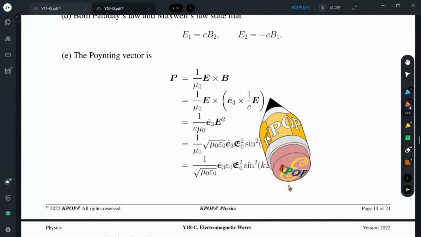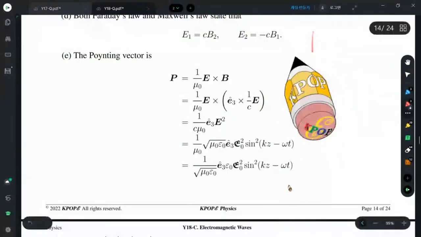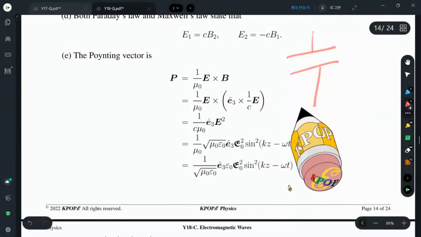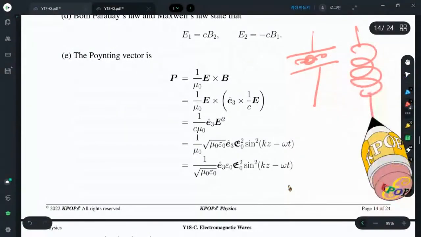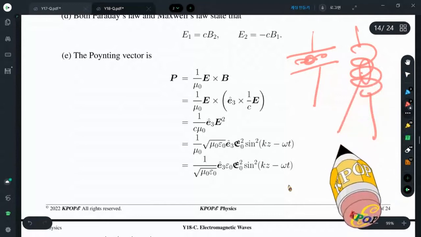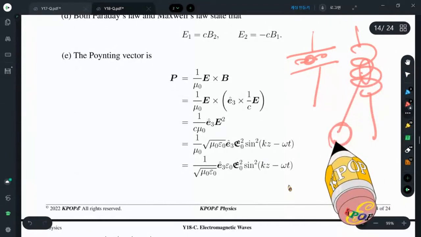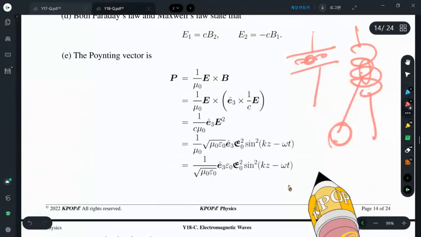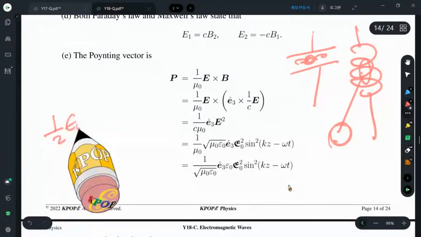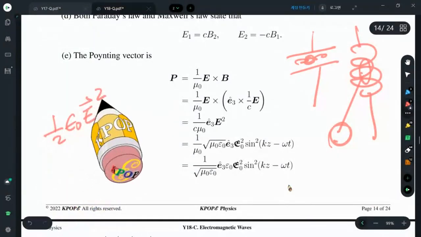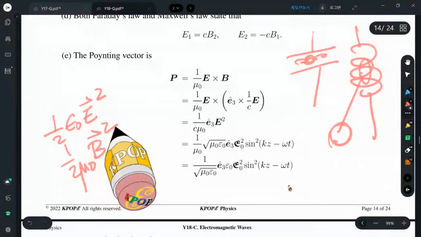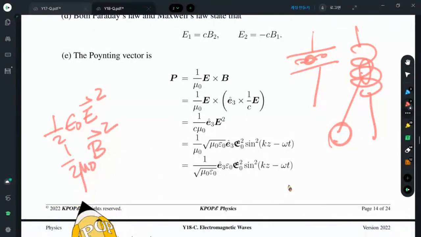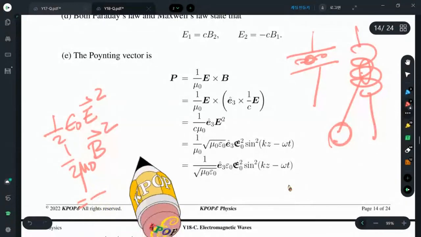And in addition, we learned very much that a parallel plate capacitor has its own electric field energy. And you have a solenoid. Inside the solenoid, you have magnetic field energy. And these two field energies are written in the form shown. However, this expression is historically wrong.